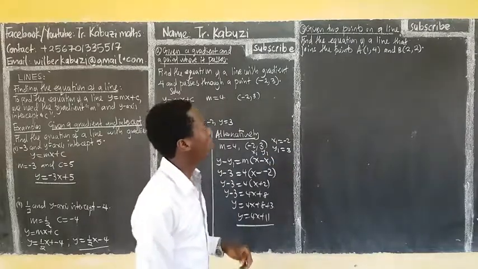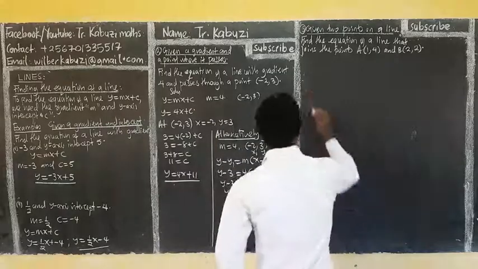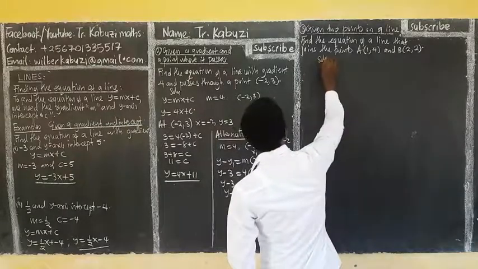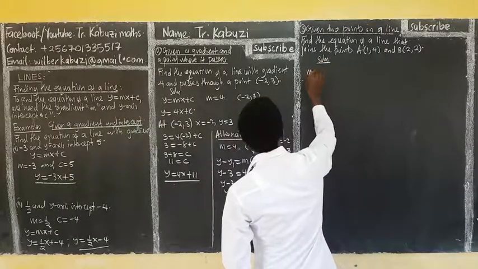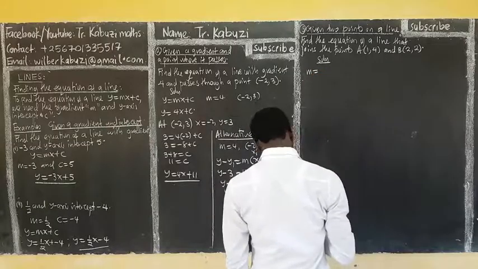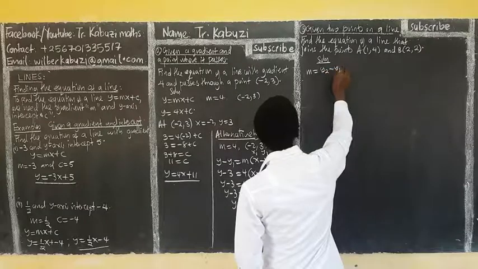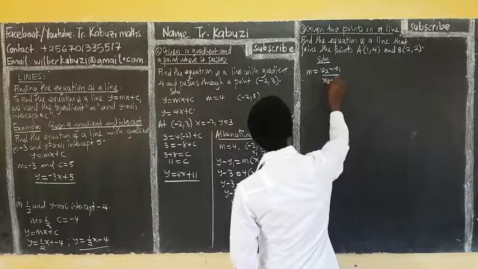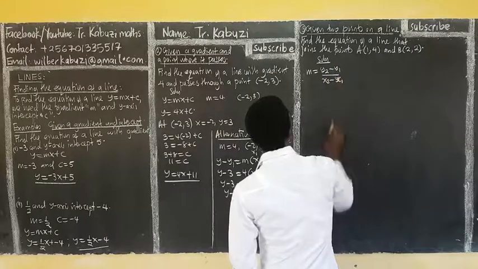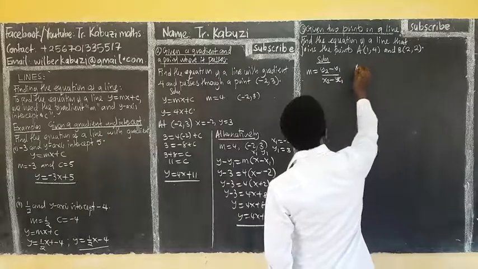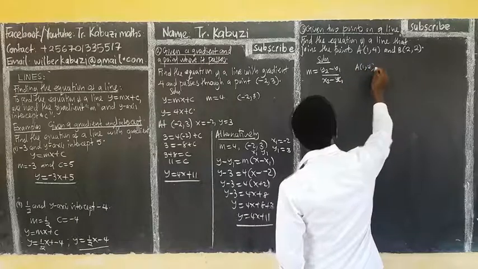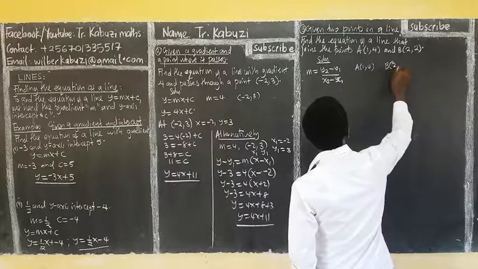As simple as that. We know our gradient, look at the equation of the gradient, so our m is equal to y2 minus y1 over x2 minus x1. So these points, I have A (1, 4), and I have B (2, 2).